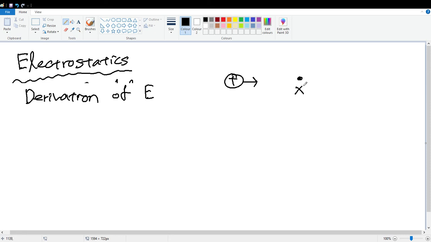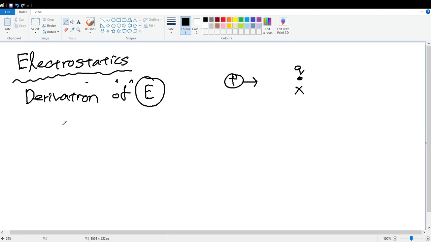What we need to find is the force per unit charge, which is E, acting on this point X. So let's say I have my charge Q at this point.